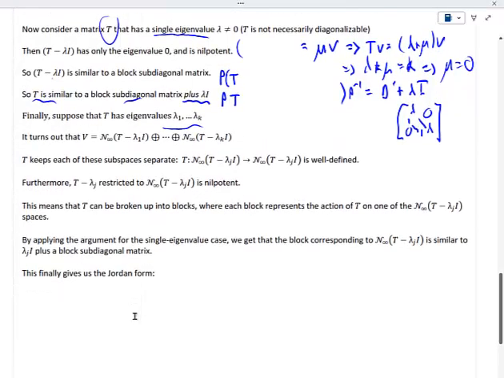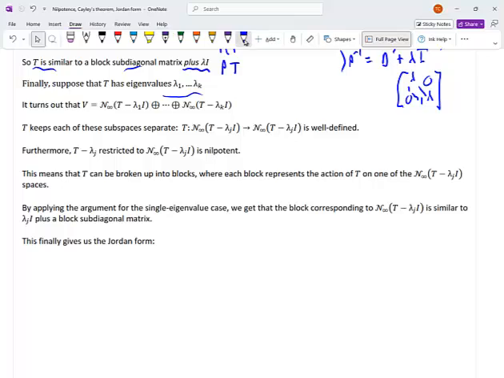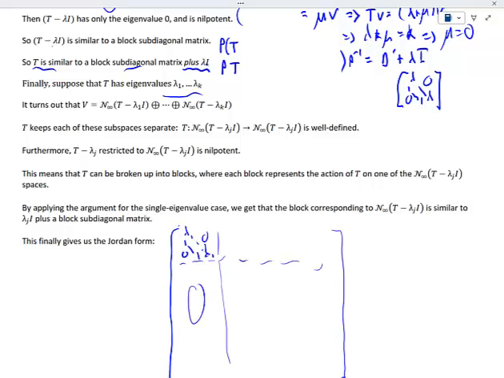Let's get some more space here, and let's get some blocks here. So we've got this matrix form, and we have several blocks. Make lambda 1 be the first block. This has 1s on the subdiagonal and 0s everywhere else. So that's my first block, and of course these are all going to be 0s down here, and these are all going to be 0s over here.